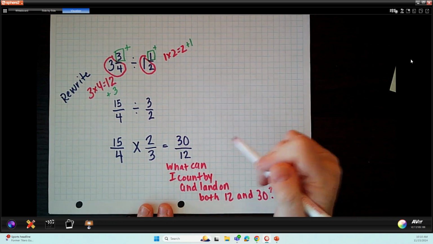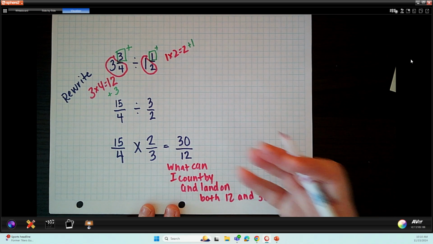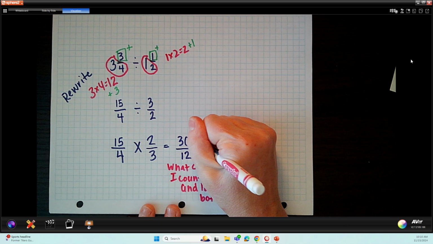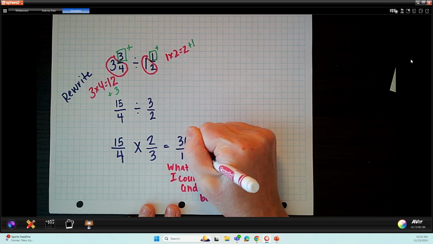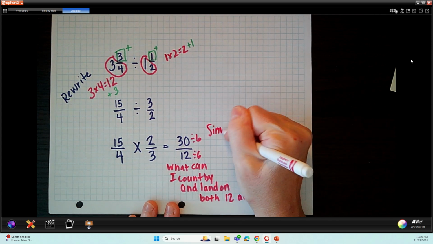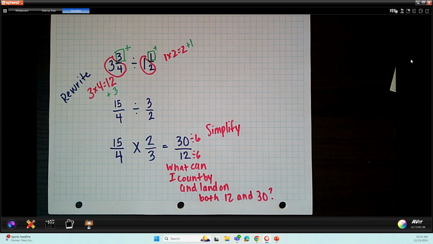So think about it. I can count by 5s and land on 30, but I can't count by 12s. I can count by 4s and land on 12, but I can't count by 4s and land on 30. What about 6? I know that 6 times 5 is 30, and I know 6 times 2 is 12. So 6 is a common factor. Again, if they know their multiplication facts, that will be a lot easier. Now I'm just simplifying, and this would be 5/2.